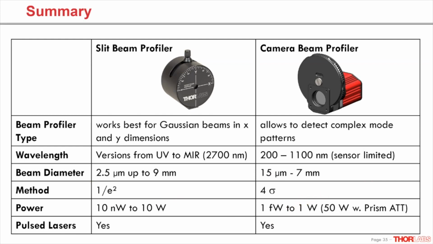Power levels can range from nanowatts to 10 watts without further attenuation for the slit beam profiler, and from femtowatts to 1 watt with the filter attenuation, or extended up to 50 watts with the prism attenuator. And both methods work for pulsed lasers as well.